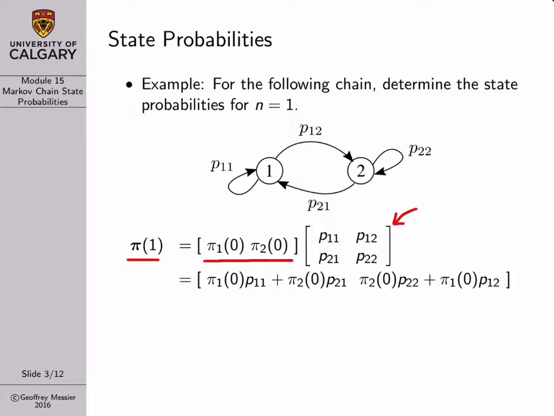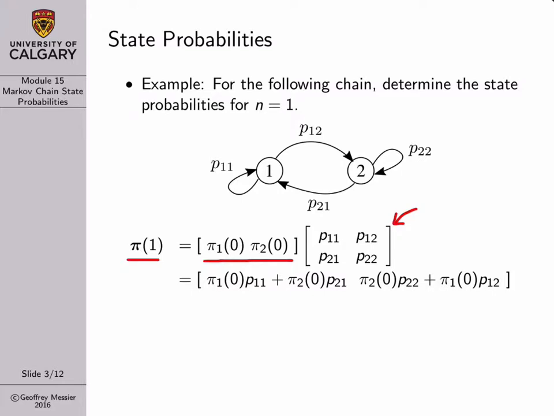So this is the probability of being in each state right at the very beginning of the process. And what we're going to do is take the state probability vector and multiply it by the probability matrix.